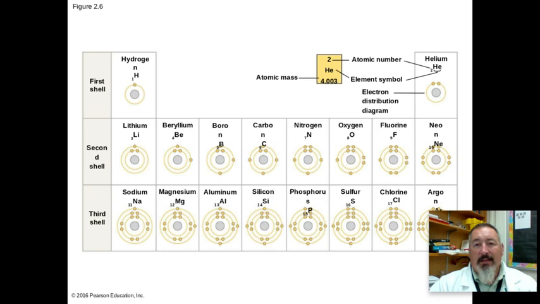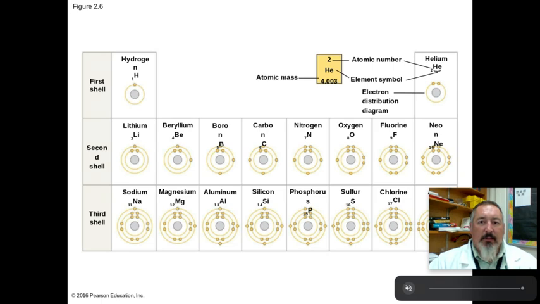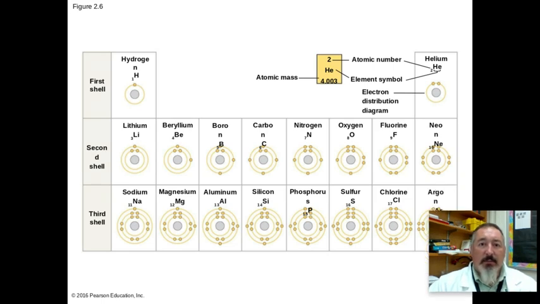They're noble gases because they're all gases, and they don't react with other chemicals easily because their outer shell is full. If that outer shell is full, it affects their reactivity. As a result of their inability to react with things, they typically are loners. They're not going to be interacting and reacting.